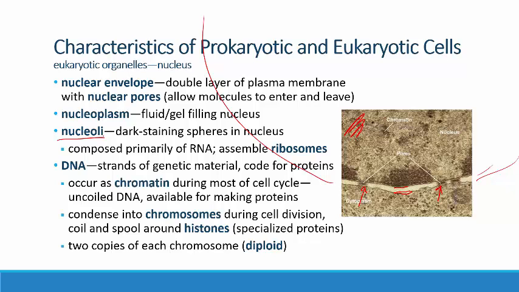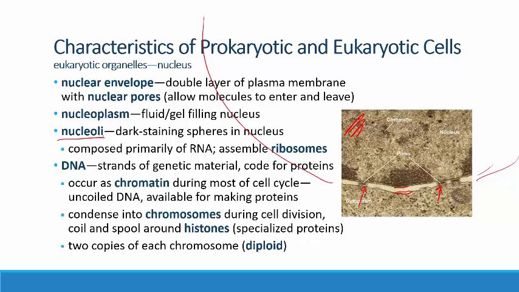But during cell division, the DNA condenses, it spools up into the chromosomes that we can see under a light microscope. So you can see the chromosomes under light microscopes, but when the DNA is unspooled and occurs as chromatin, you can't see it. It just makes the whole nucleus appear dark.